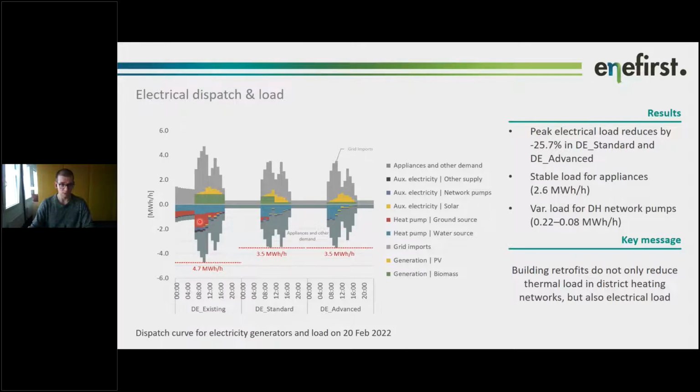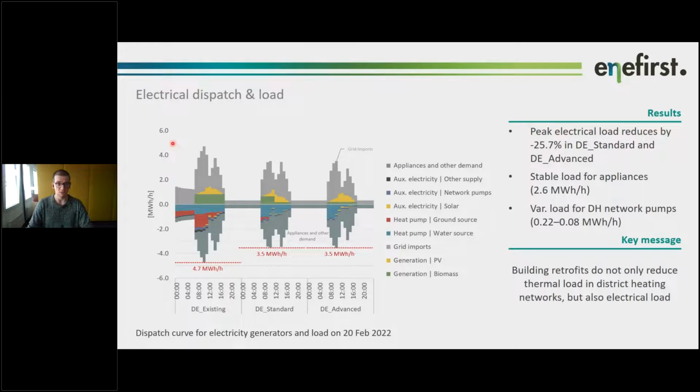But also we again recognize the heat pumps, which have to be utilized. And here in this purple shading, what is also taken into account is the variable load for district heating network pumps, which can be up to 0.22 megawatt hours per hour.